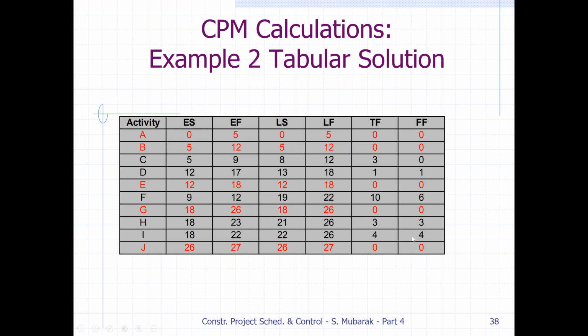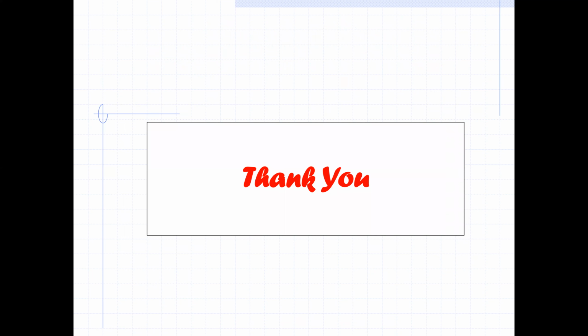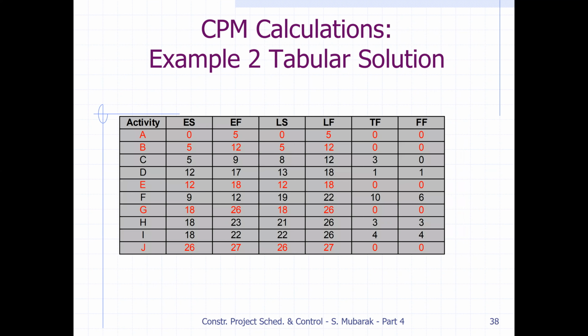So we can list them in the table. With this we have finished the critical path. We found the whole critical path of the network diagram, along with the total float and free float.